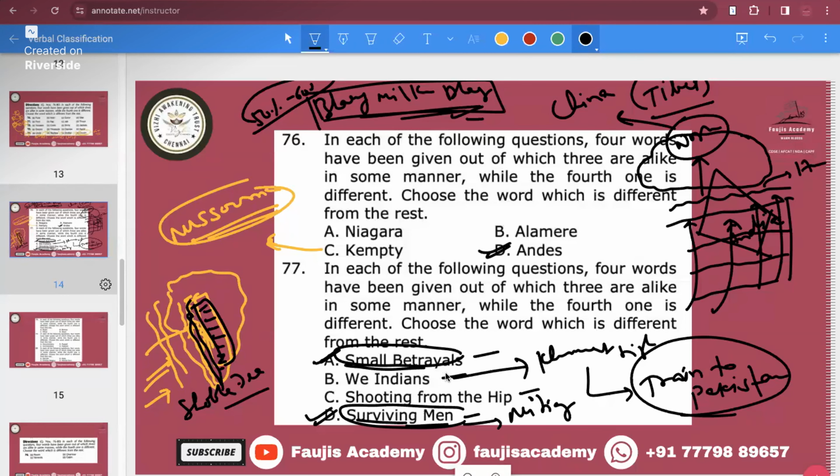We could not have categorized We Indians as a military type of book. Maybe Train to Pakistan, yes, but not We Indians. So, as Harita mentioned, Small Betrayals and Surviving Men are by Shobha Day, We Indians by Khushwant Singh, and Shooting from the Hip was written by some foreign person regarding World War II. That is why we'll go ahead with option C, guys. Very interesting.